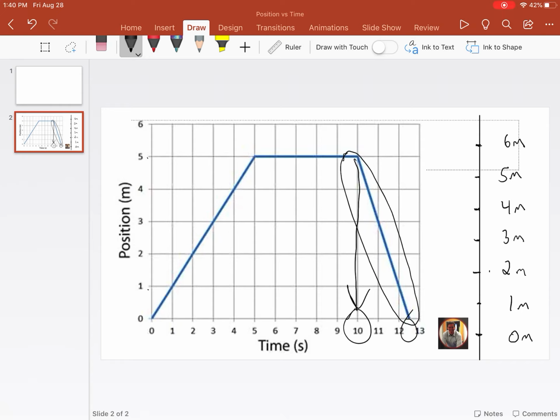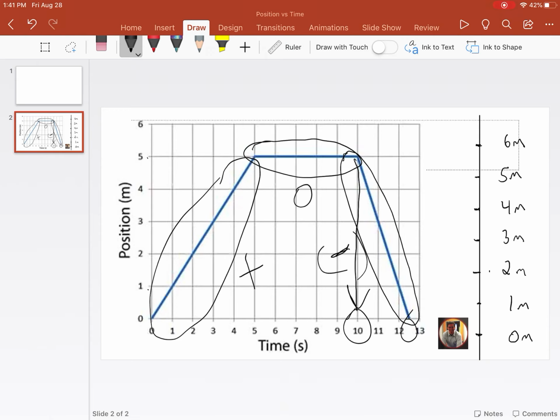The line went down. So from 0 to 5, right here, that's positive. From 5 to 10, again, on the time axis, I'm looking for time periods, there's 0 motion or sitting still. And from 10 to 12.5, it was negative motion. So positive, 0, negative.